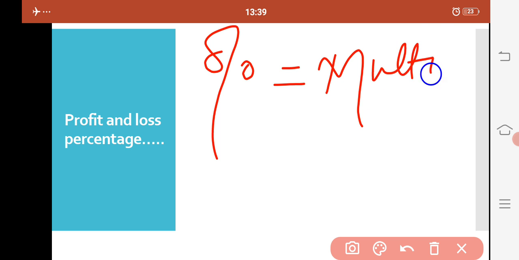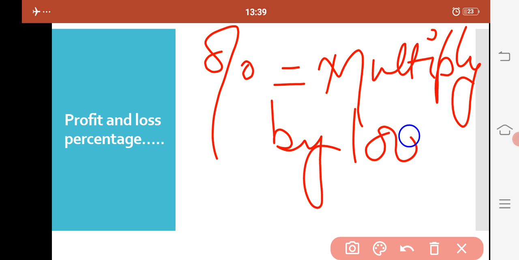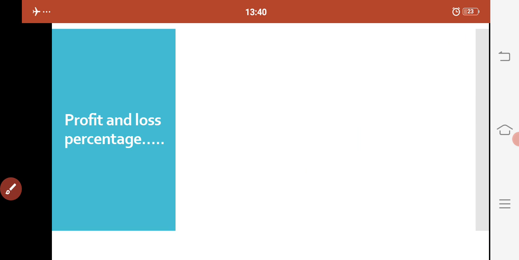In case of profit and loss, we know that either a profit or a loss is always considered by comparing it with the cost price. That means we will be comparing the profit or loss with the cost price and then converting it into percentage by multiplying by 100.